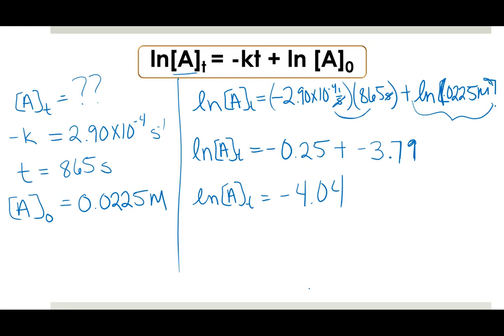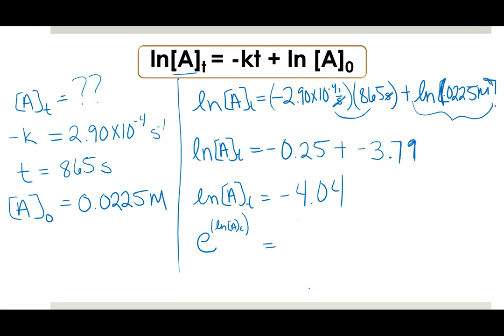How do we essentially cancel out or get rid of that natural log? Again, we're going to take it way back to your algebra days. To get rid of natural log, we're going to use Euler's number, that E on your calculator. So I'm going to take the E of both sides, raising E to the power of natural log of A.